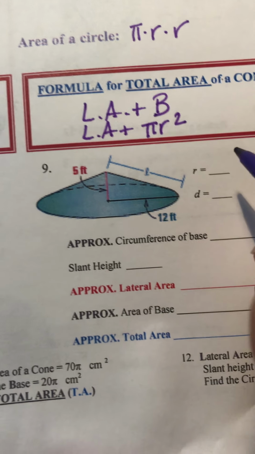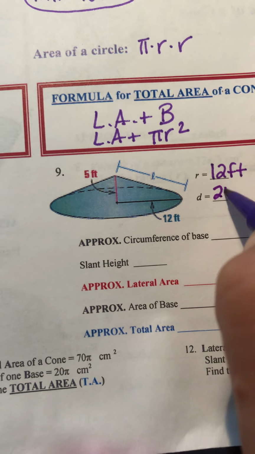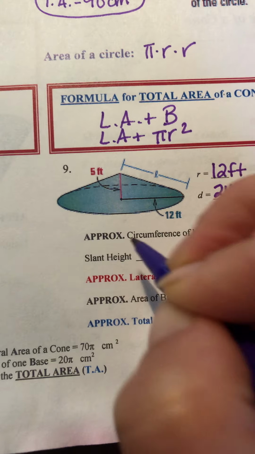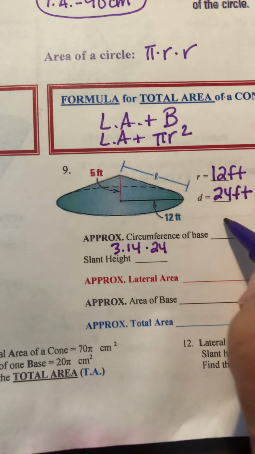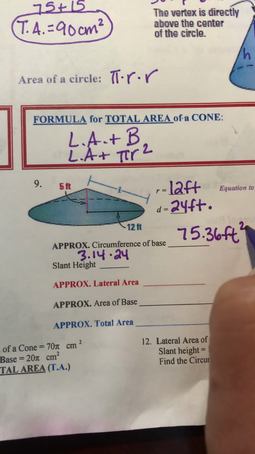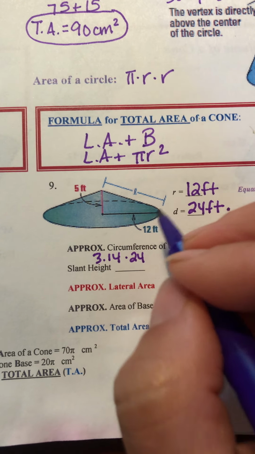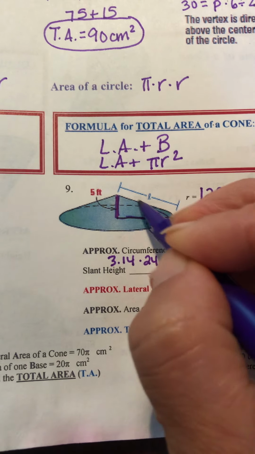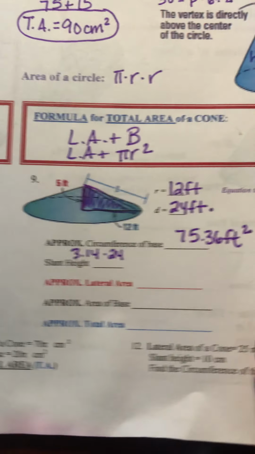That's the exact. If I do the approximate, so here, what do I have? I've got radius, it looks like 12 feet. So diameter is 24 feet. If I bounce down here to circumference, 3.14 times 24 is 75.36 feet squared. Now the slant height, you'll see I don't know it. But you notice in here that the radius and the height and the slant height all make a right triangle.